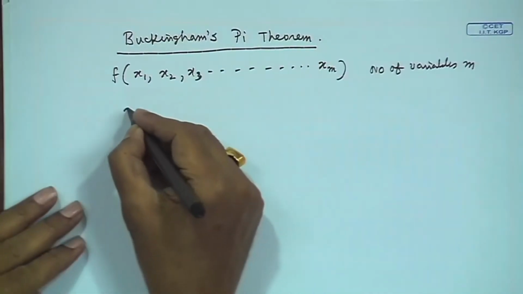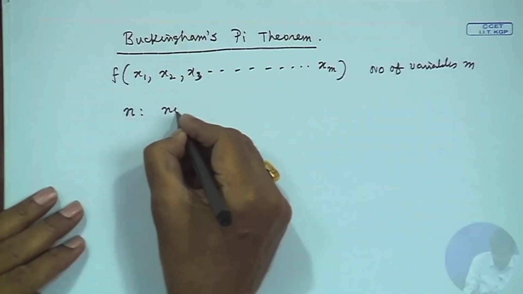Here m is the number of dimensional variables controlling the process, and the number of non-dimensional variables, which combine some of the dimensional terms, will be less than m.